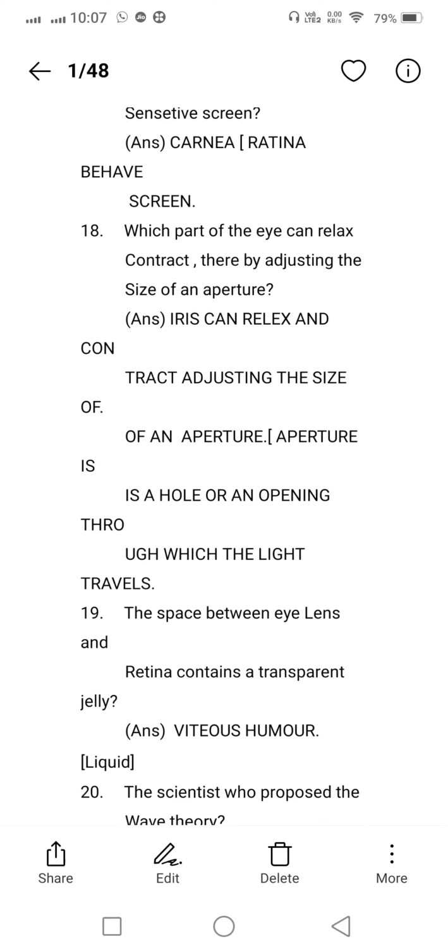The ciliary muscles in the eye change the focal length of the eye lens to focus on distant or near objects, so that is only the responsibility of the ciliary muscles. They rigidly hold the lens.